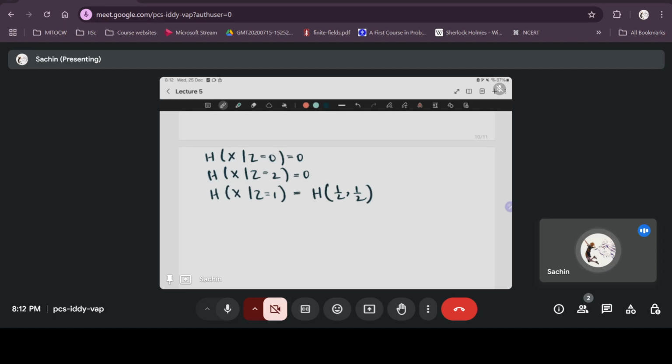So 0, 1 or 1, 0, and both outcomes are equally likely. So x is equal to 0 with equal probability as x is equal to 1. So the normalized distribution is half, half, which gives you half plus half, 1 bit.